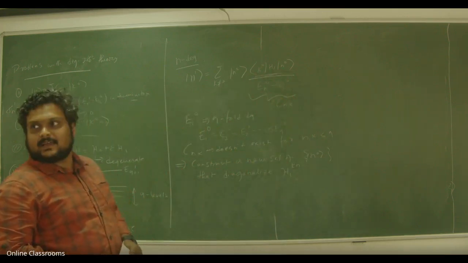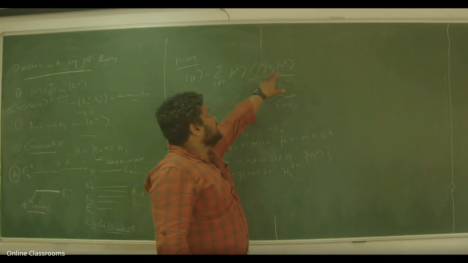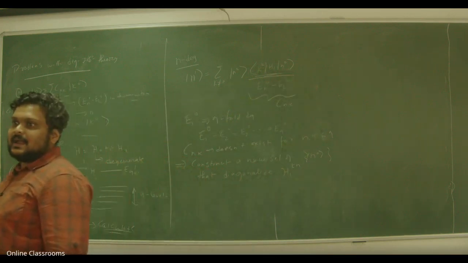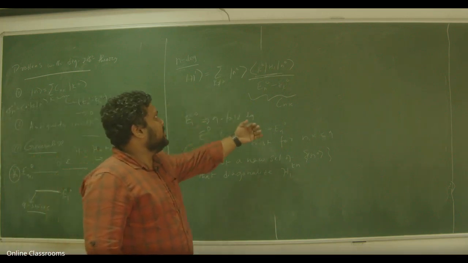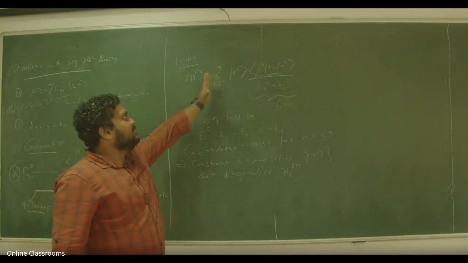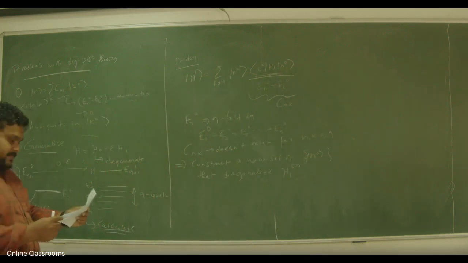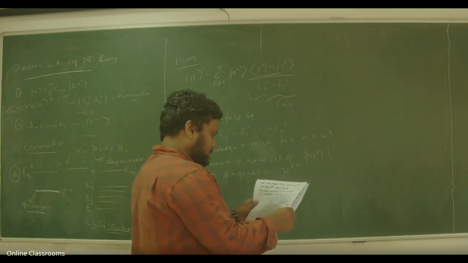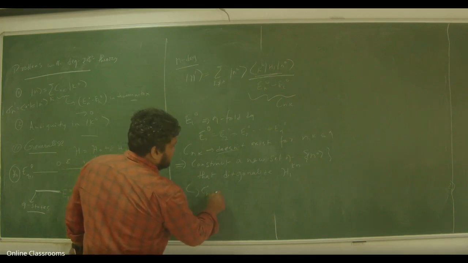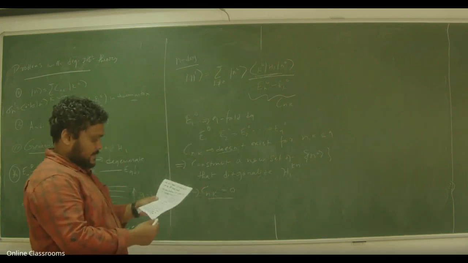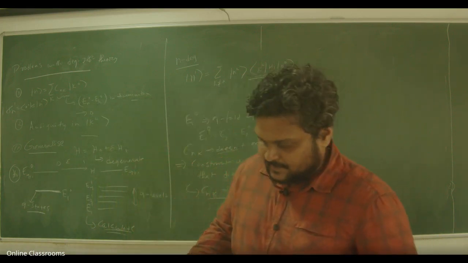And what happens if it diagonalizes that? That means in this new set of basis functions, this term will be 0, right? And if this term will be 0, those processes will be forbidden, right? And if those processes are forbidden, then this term will not even feature in this summation. Okay. So this is the way to fix the problem. So this doesn't exist. For them C and K will become 0. Okay. So this is the outline of the scheme.